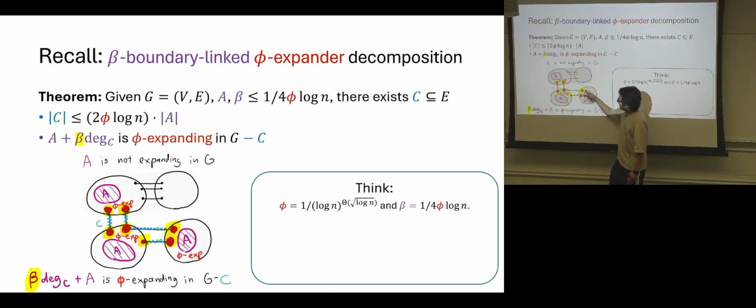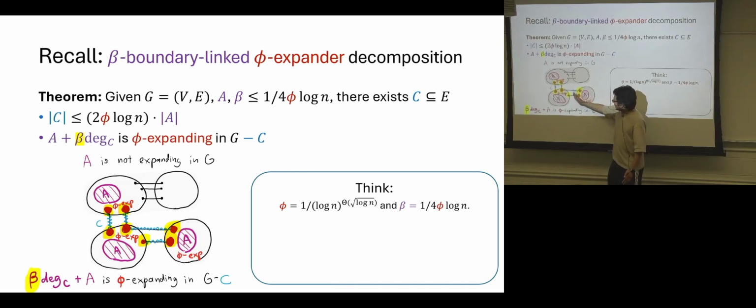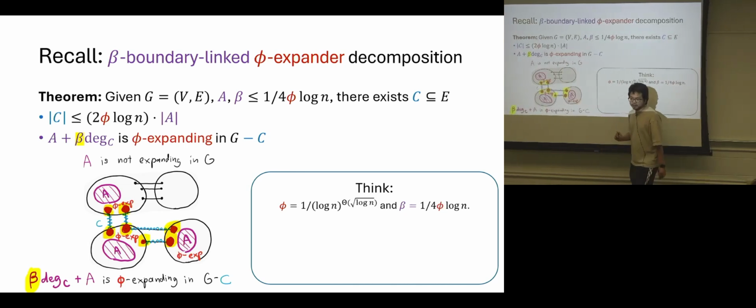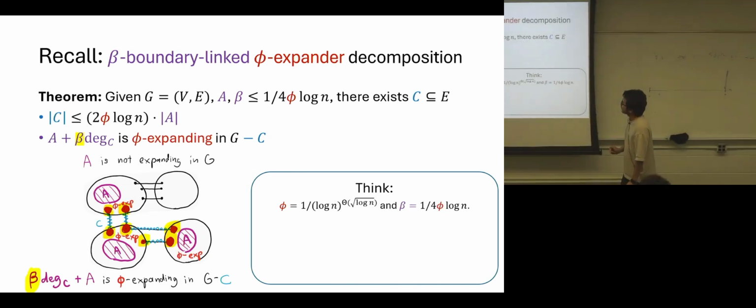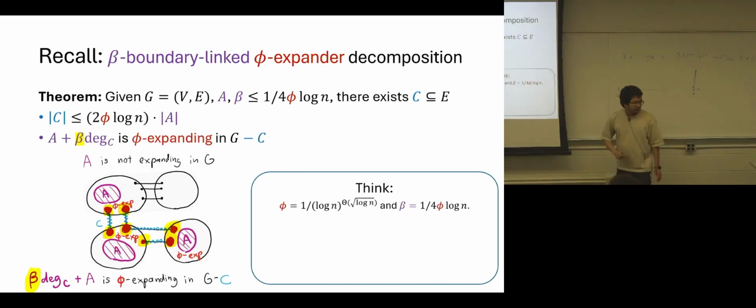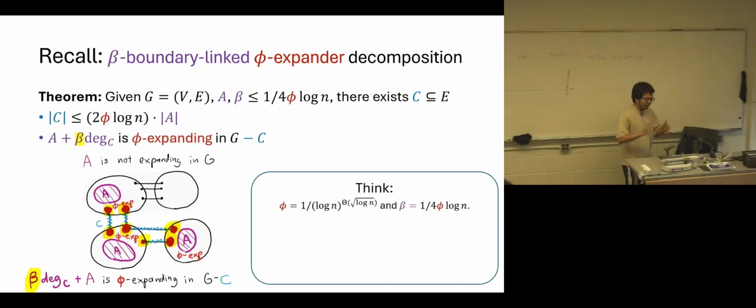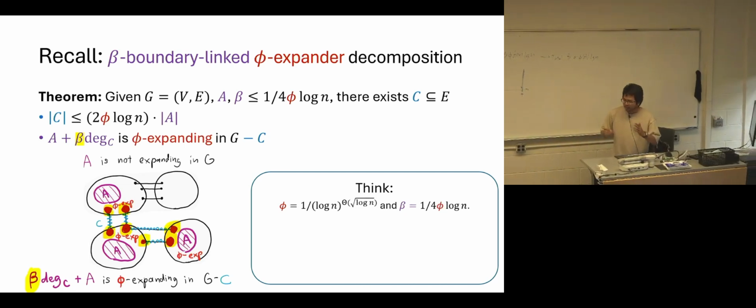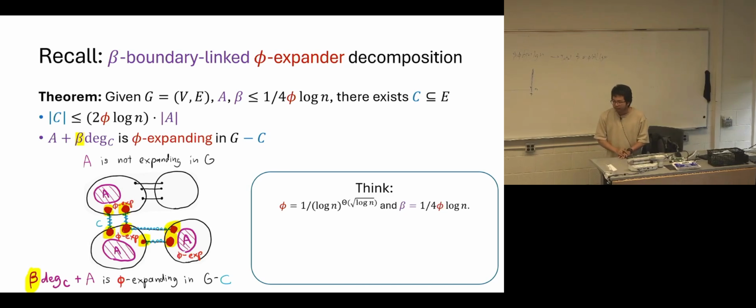You put a lot of multiplier on the boundary, and it's still expanding. It's just like before, but you think of beta as something big, bigger than 1.